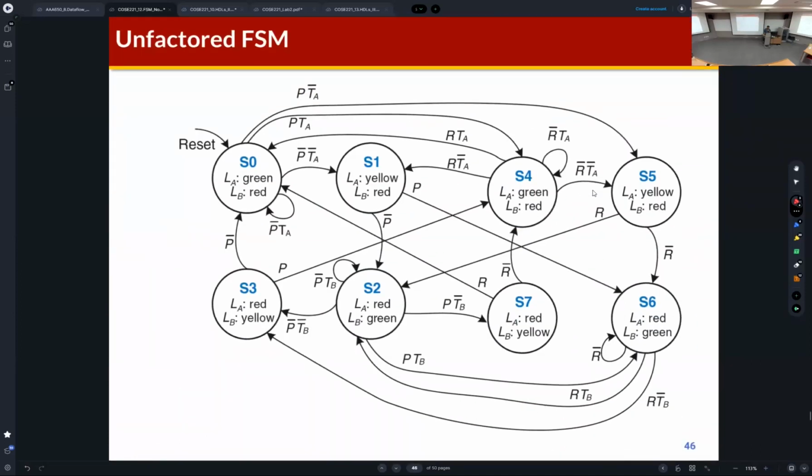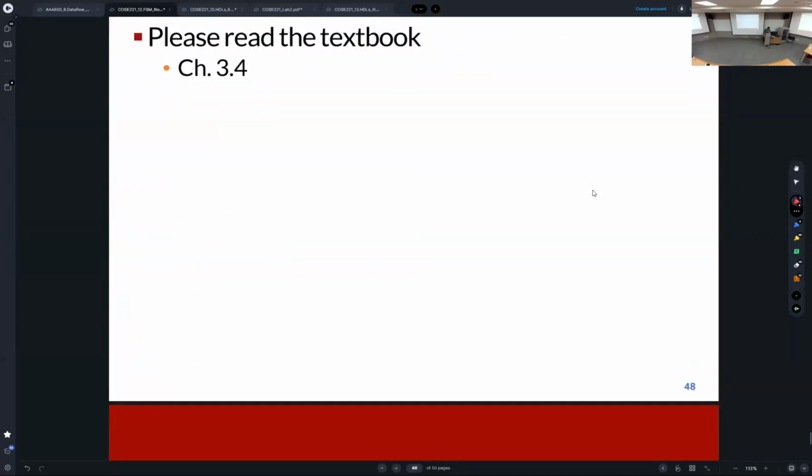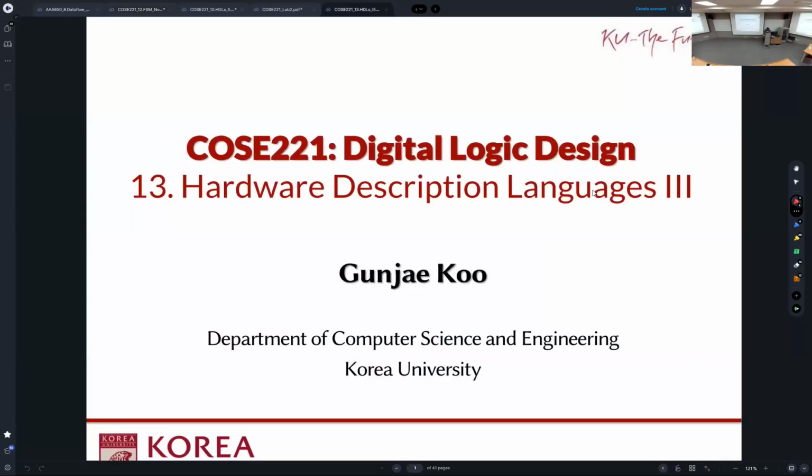With the vectored FSM, we can design a simple FSM by reducing the size of the problem, and then we can define a more efficient system. Okay, for this FSM, please read textbook chapter 3.4. Then we have 7 minutes.